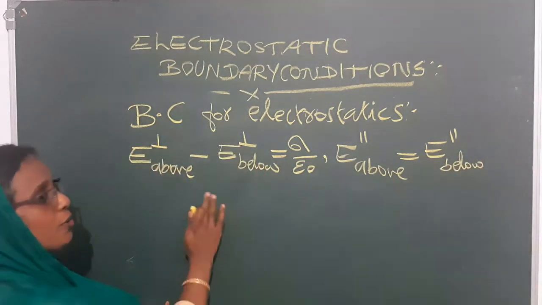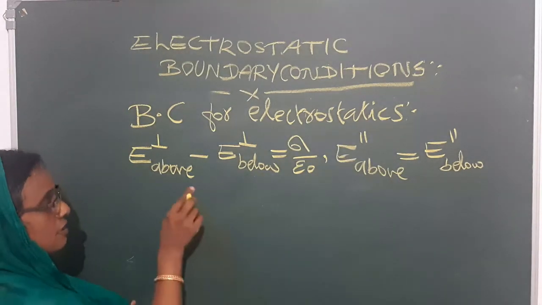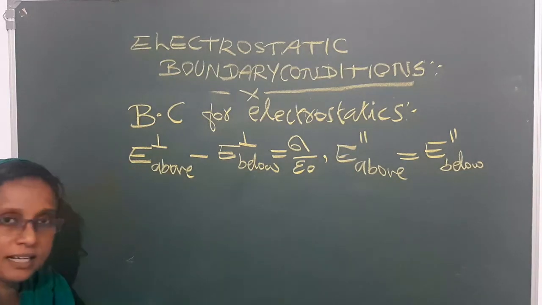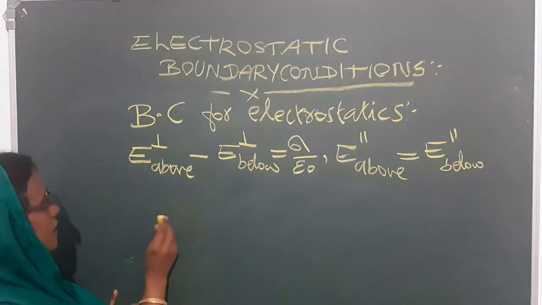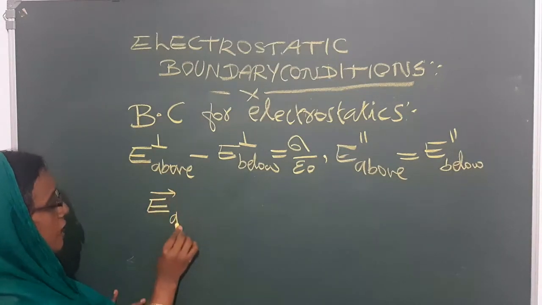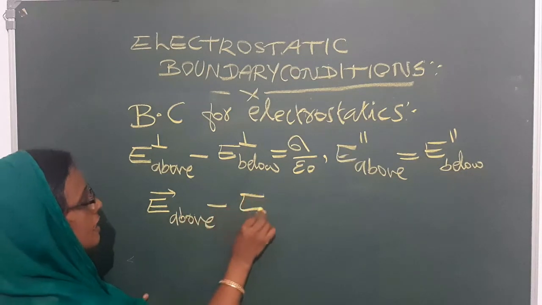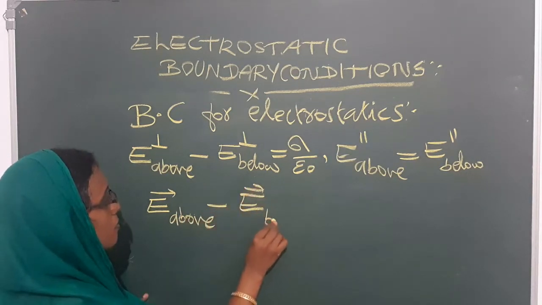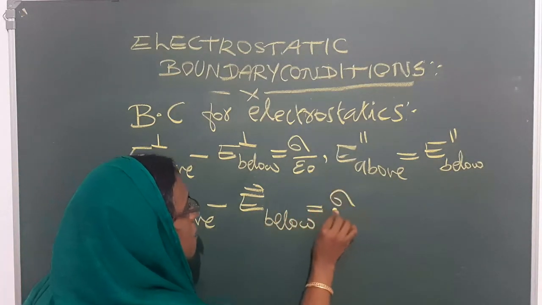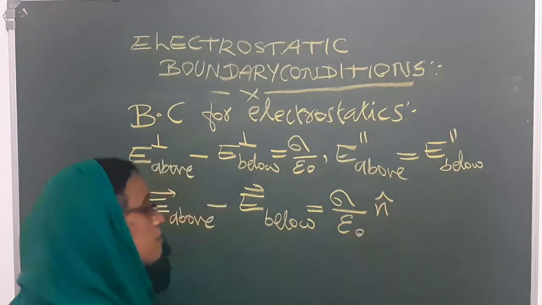You can join these two equations together, because this one is for the perpendicular component and this one is for the parallel component. So jointly we can write this equation as electric field above minus electric field below equals sigma by epsilon 0 n cap.